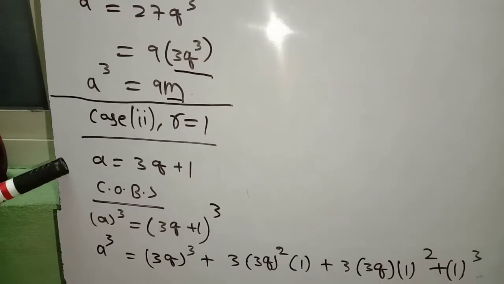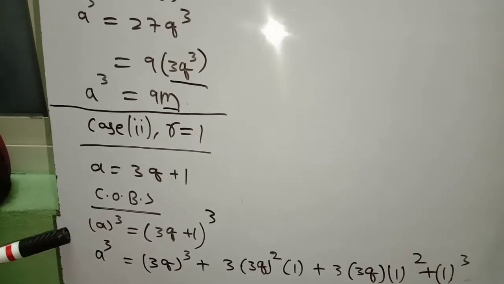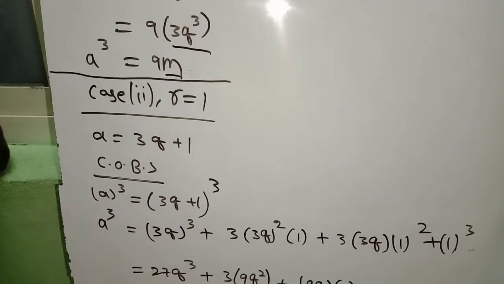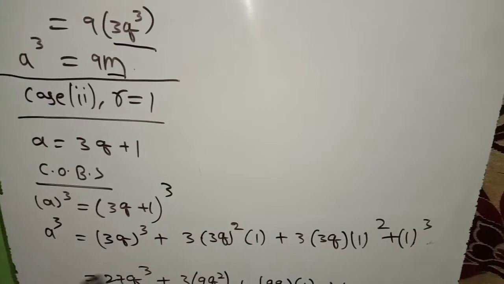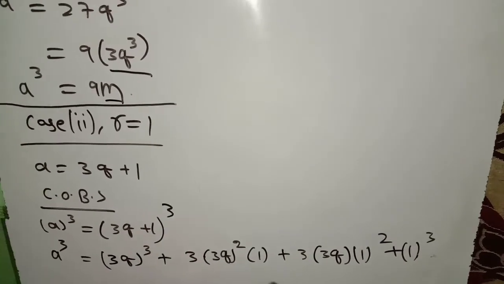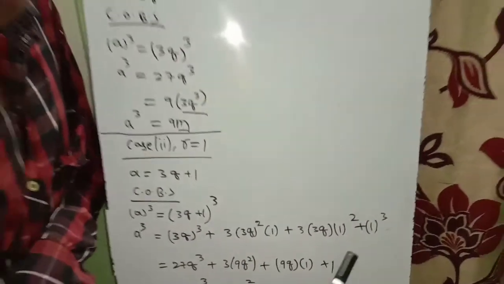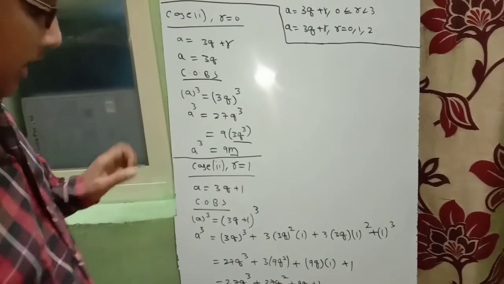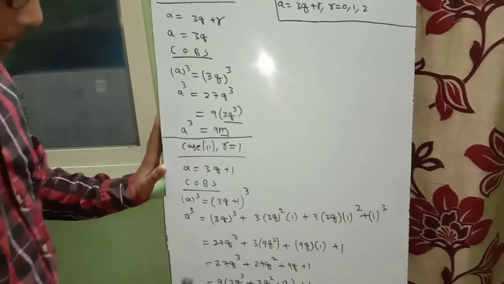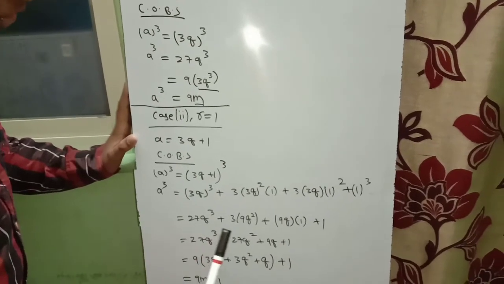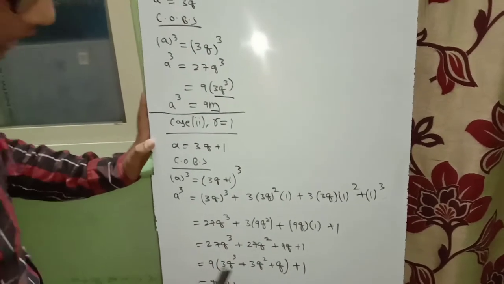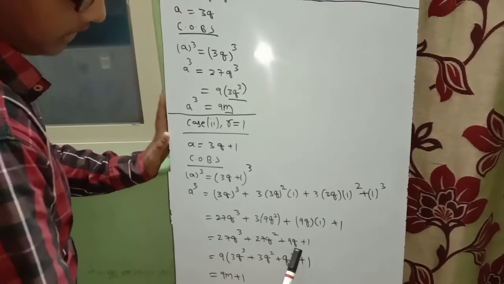Now case 2, r is equal to 1. a is equal to 3q plus 1, cube on both sides. a cube is equal to 3q plus 1 whole cube. According to the formula of a plus b whole cube, a cube plus 3a square b plus 3a b square plus b cube, simplifying it, a cube is equal to 27q cube plus 27q square plus 9q plus 1.